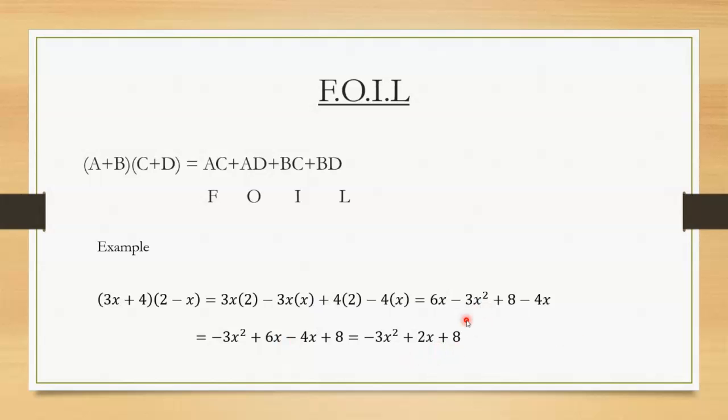Again, to go from here to here, I just rewrote it so that the minus 3x squared is in front, then 6x and minus 4x, that's 2x, which is in the middle here, and the 8 is at the end. The 6x and 4x we just combine. I can't see the chat, so does someone have a question?